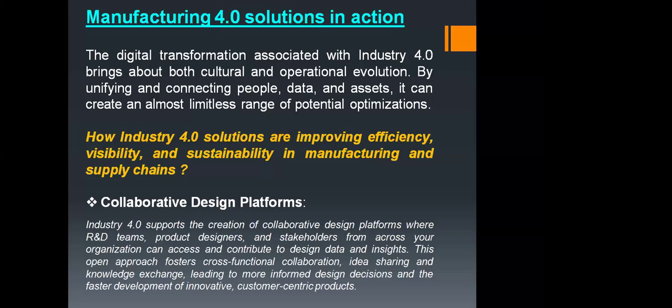This open approach fosters cross-functional collaboration, idea sharing, and knowledge exchange, leading to more informed design decisions and faster development of innovative, customer-centric products. So this is one of the very important features of Industry 4.0 when we are using any of these technologies.